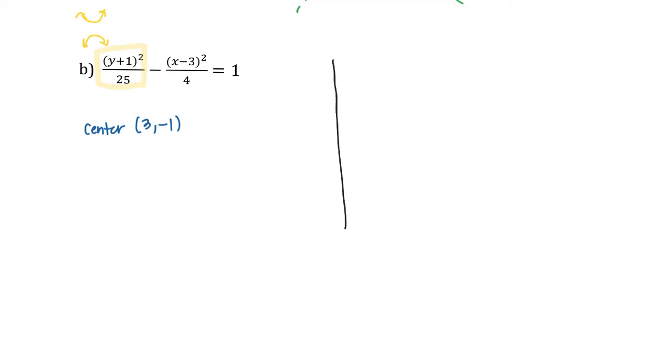Let me get a sketch going. 1, 2, 3, -1. Okay, so about here. My x radius is 2 because that's under the x term. X radius 2, 2. My y radius is 5 because of the square root of 25. 2, 3, 4, 5.